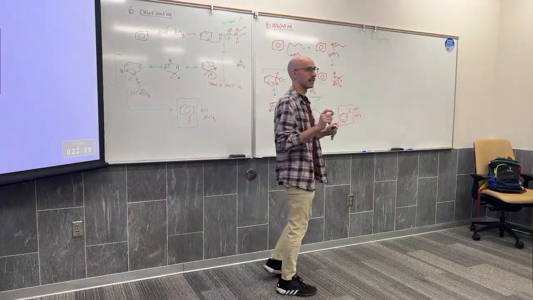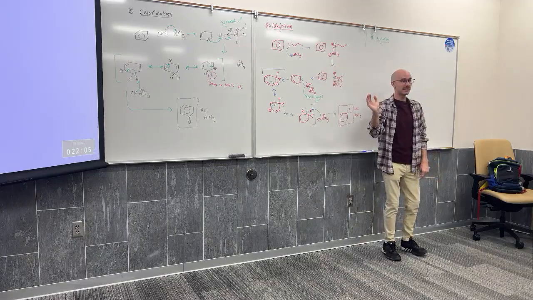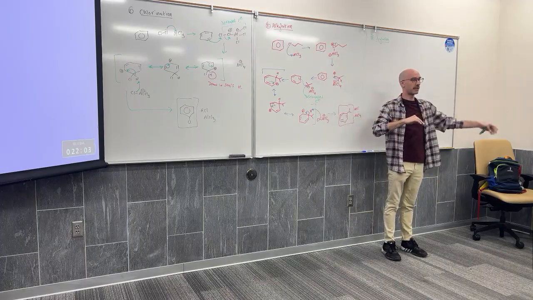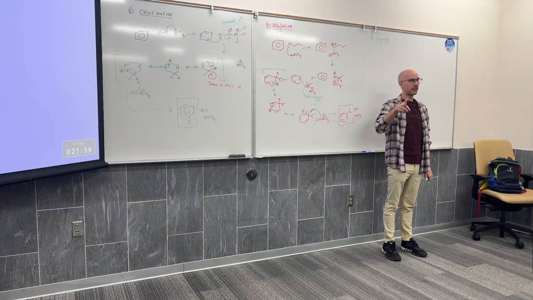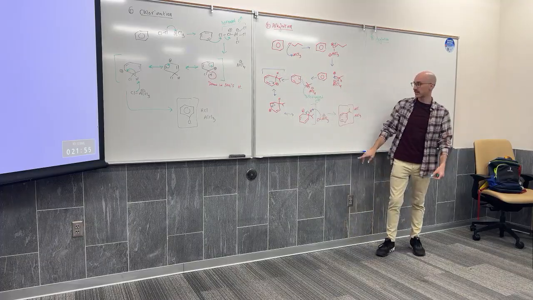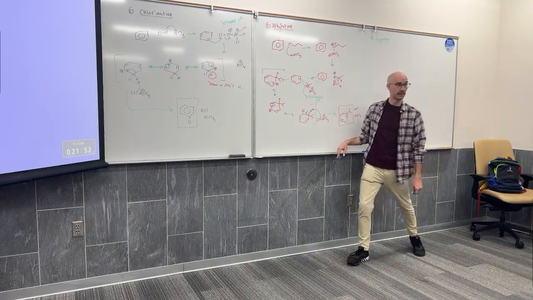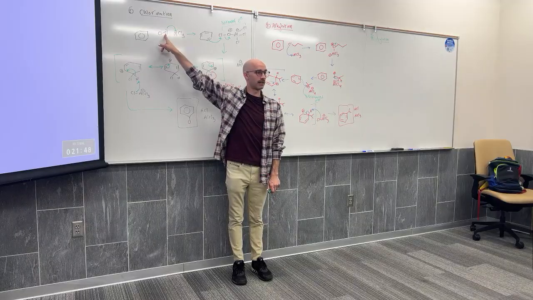But here's the idea. In these mechanisms, we're taking benzene and reacting it with something. In order to have an activating effect and a directing effect, we need to have a substituted benzene. So let's say that I take isopropyl benzene and I react it with chlorine and aluminum trichloride.